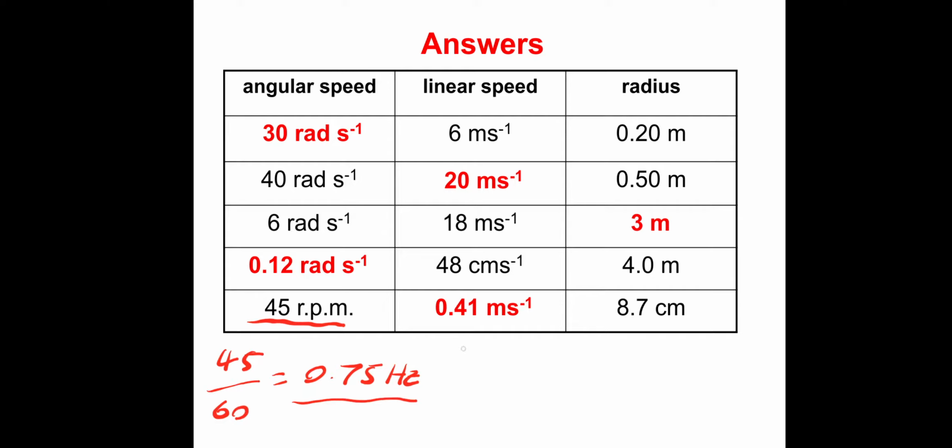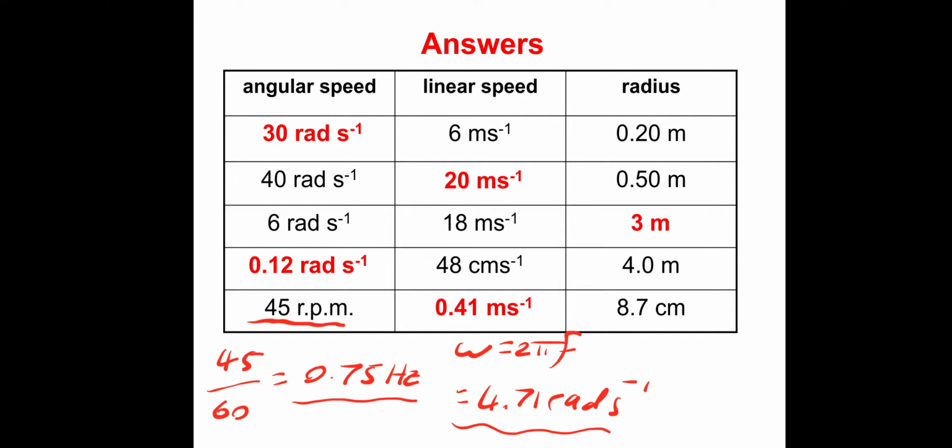Then to get angular speed, as we've just seen, omega is 2 pi f. So 2 pi times 0.75 gives us an angular speed of 4.71 radians per second.